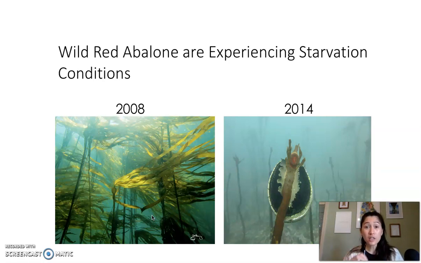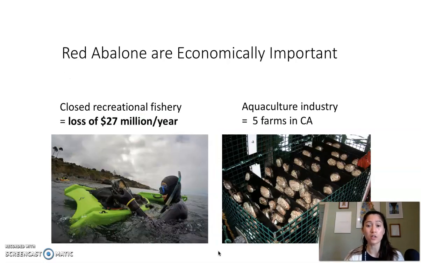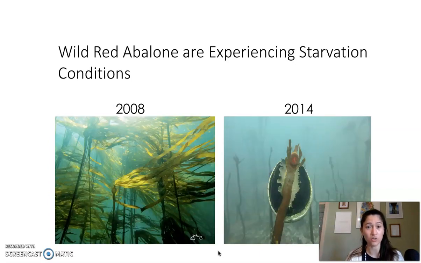And for this particular lab, we are specifically focusing on this exposure to high temperatures, but to give you a broader overall picture of the research project in my lab, we are also focusing on this other potential environmental stressor of starvation. So when the abalone experience these warm water temperatures, not only are the abalone themselves exposed to warm water, but it also causes the kelp that they eat to die off.